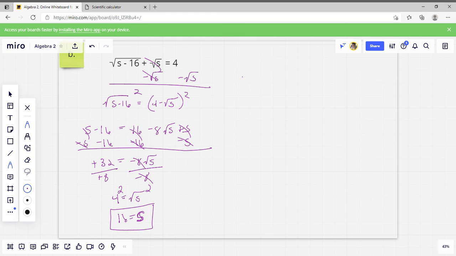So I'm going to say the square root of 16 minus 16 plus the square root of 16 equals 4. 16 minus 16 would be 0, so that whole thing cancels out. Square root of 16 is 4 equals 4. Yes, that checks out. So s equals 16.